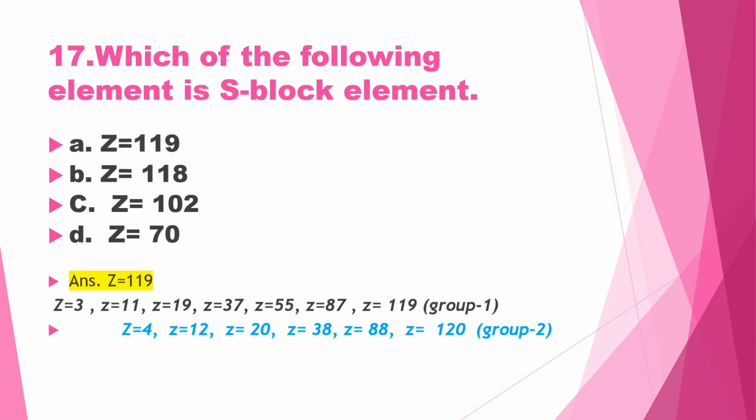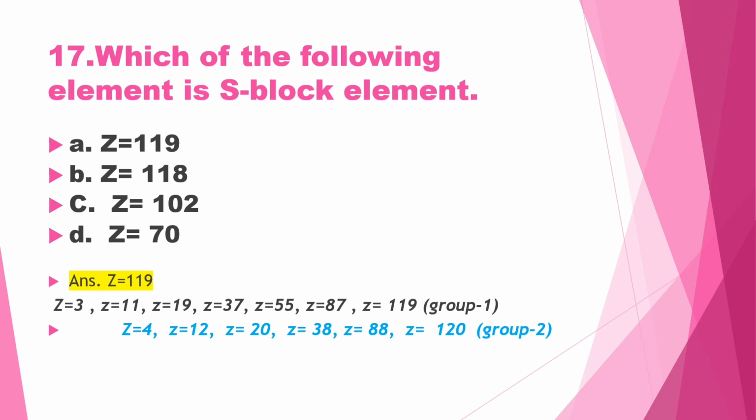For alkali metals, that is group 1, if we see the atomic numbers here with the help of magic numbers 2, 8, 8, 18, 18, 32: 3, 11, 19, 37, 55, 87 and 119 belong to group 1.